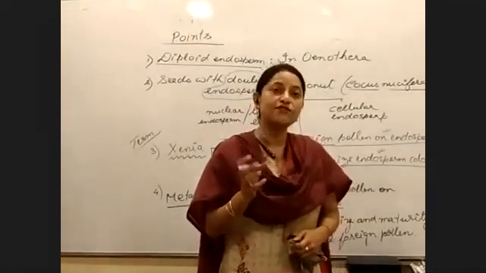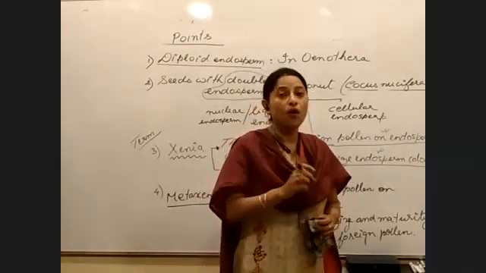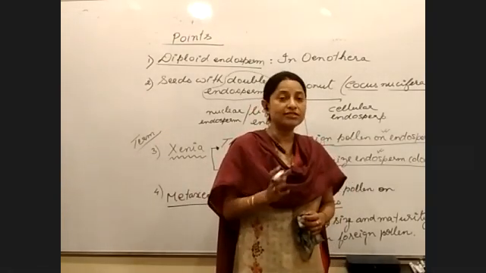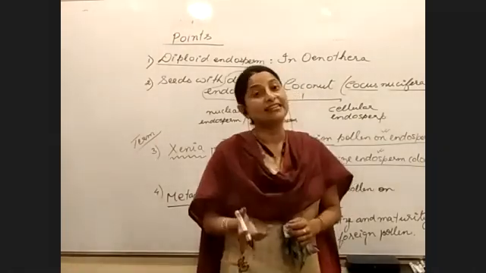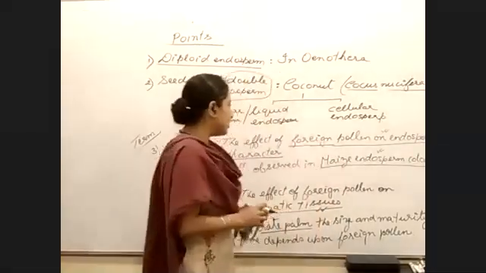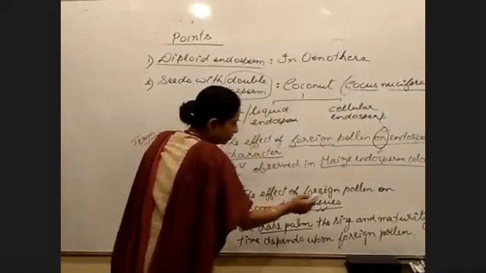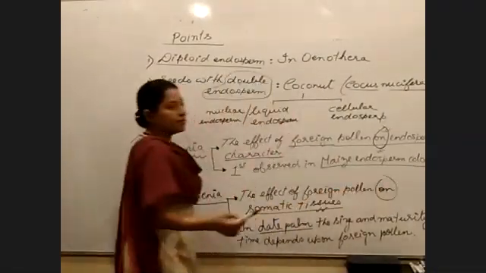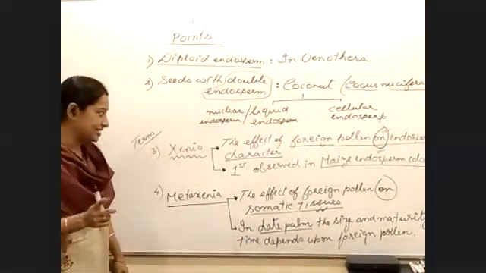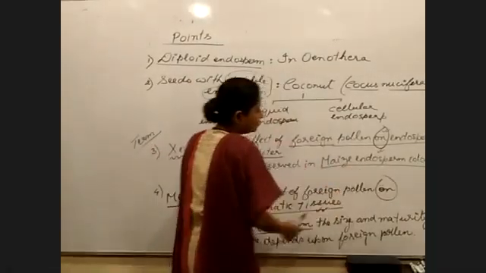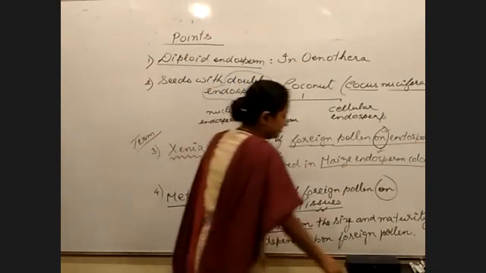What is the effect of foreign pollen on endosperm called as? What is the effect of foreign pollen on somatic tissues called as? Right? So ultimately just two terms, basic details are not needed. Effect of xenia was observed in. Next.